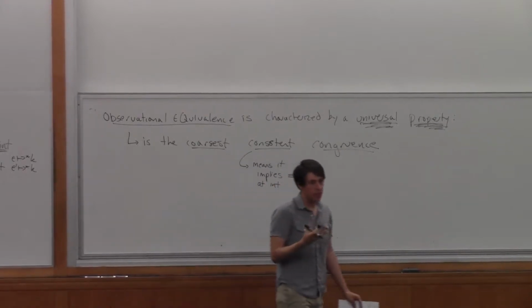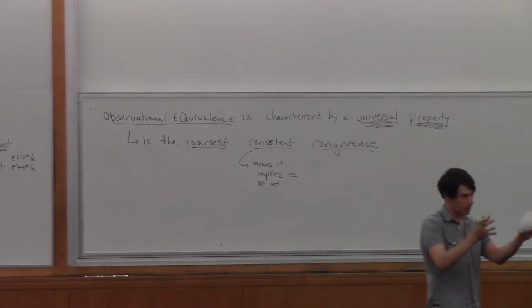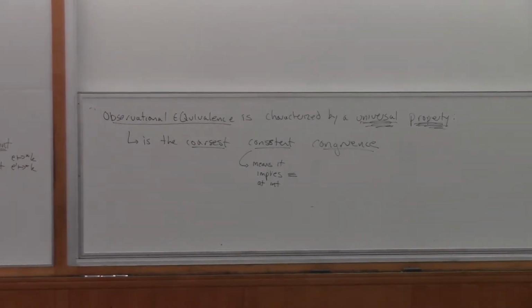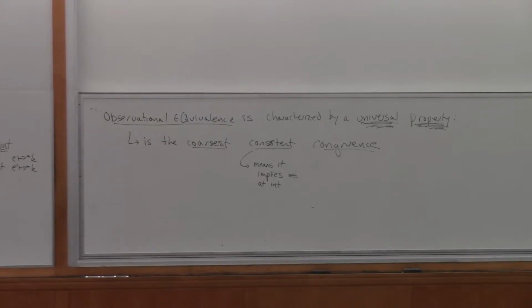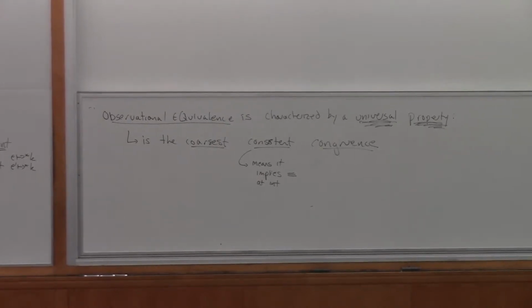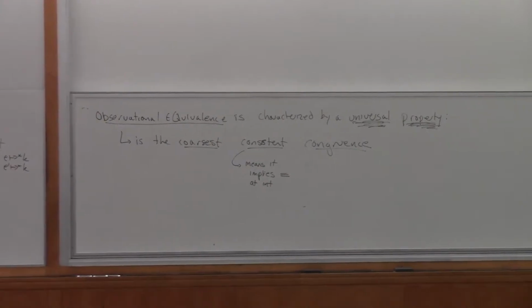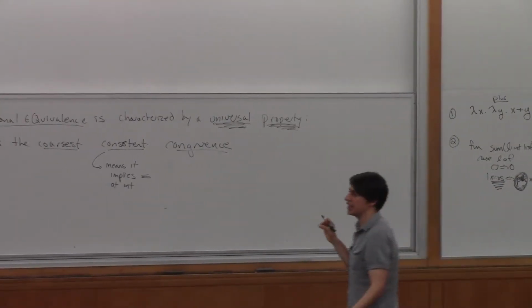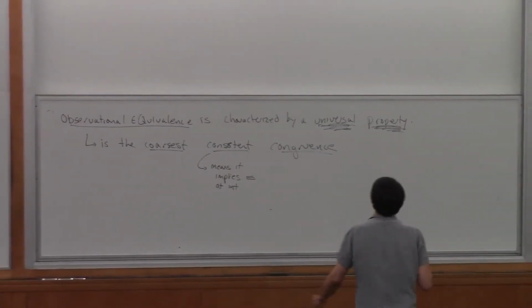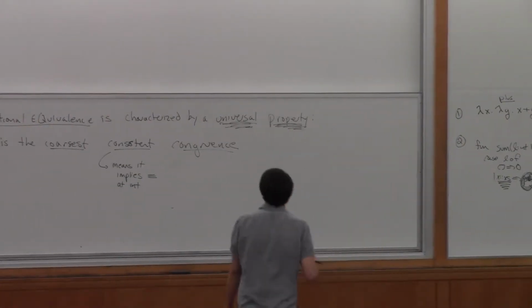Okay, so if you have some relation on two closed programs, then to say that that relation is consistent means that if two programs of type int are related, then they're Kleene equivalent. Okay? Then they run to the same answer. Maybe I should write it since I see a few puzzled faces.